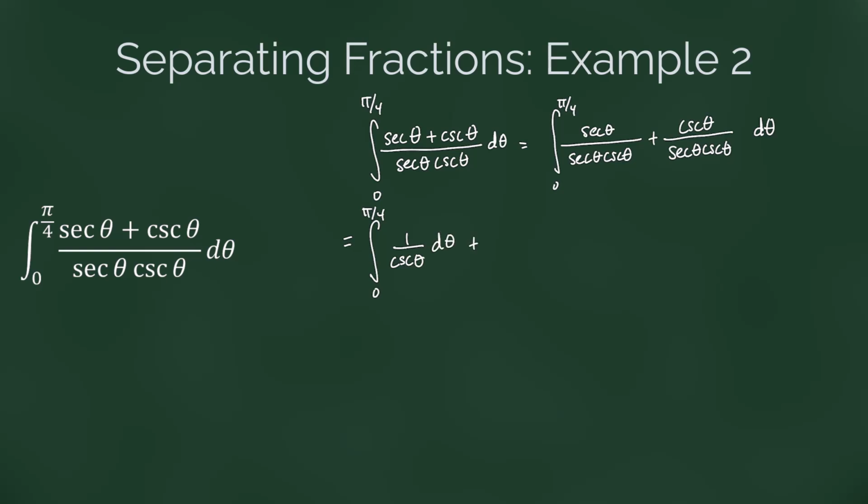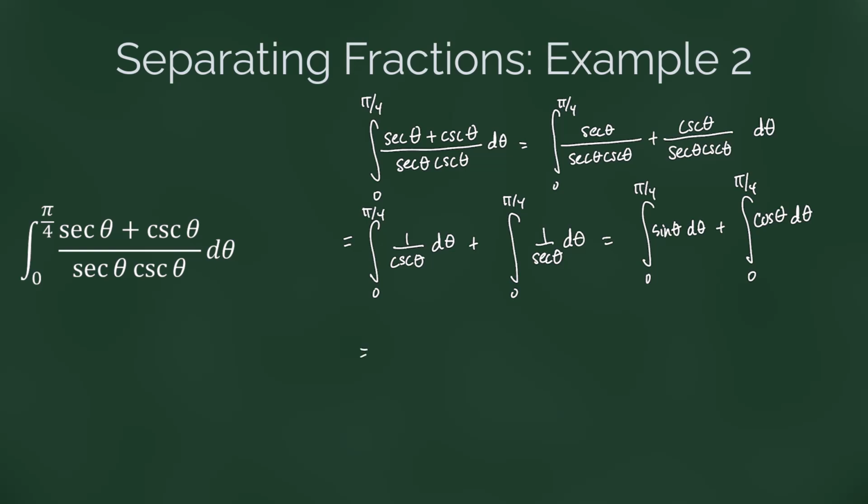The first one, the secants cancel each other out, and we get 1 over cosecant theta d theta. In the second one, the cosecants cancel each other out, and we get 1 over secant theta d theta. We're still integrating from 0 to pi over 4. 1 over cosecant is the same as sine, so we have sine theta d theta, and 1 over secant theta is cosine, so we have cosine theta.